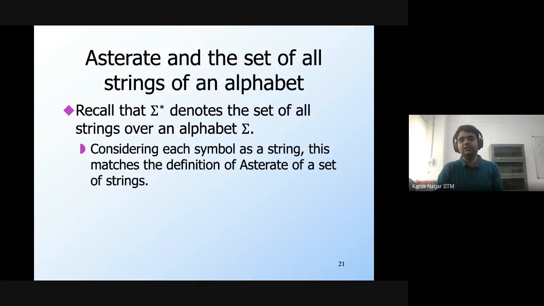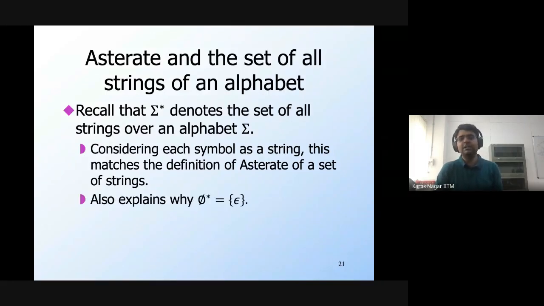Because what is sigma? Sigma is a set of symbols. If you consider each symbol as a string, then the asterisk of sigma is again going to be the set of all strings that you can generate using the alphabet. That's exactly what we defined sigma star to be previously. So if you consider each symbol as a string, this matches the definition of the asterisk of a set of strings.